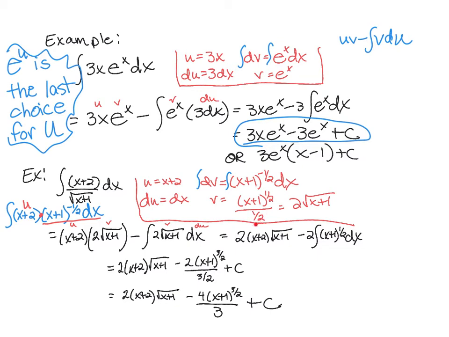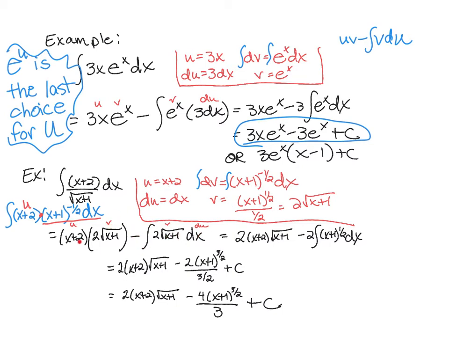The fraction in the bottom inverts and multiplies, gives me 2 on the top. Blob to the 1/2, I have to see that as the square root of x once I write my final answer. So plugging stuff into the formula, uv minus the integral of v du.